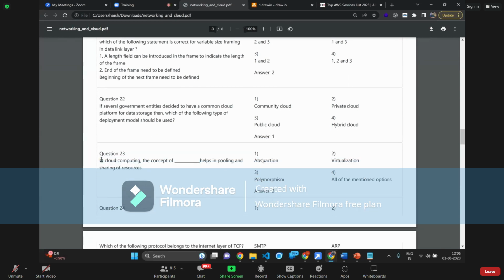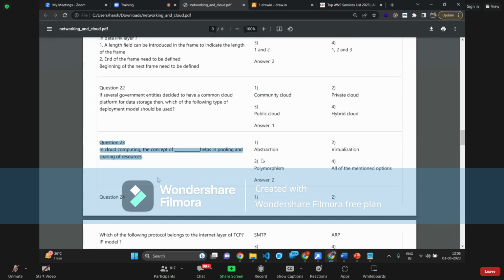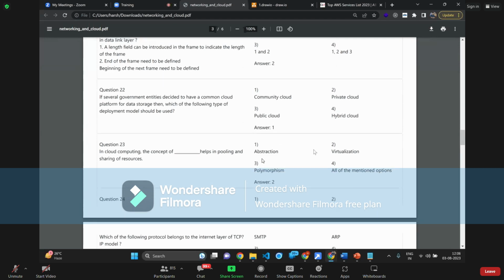Now, in cloud computing, which of the following resources can you answer this once for me? If you remember, I had told you in cloud computing, we do virtualization for infrastructure as a service.